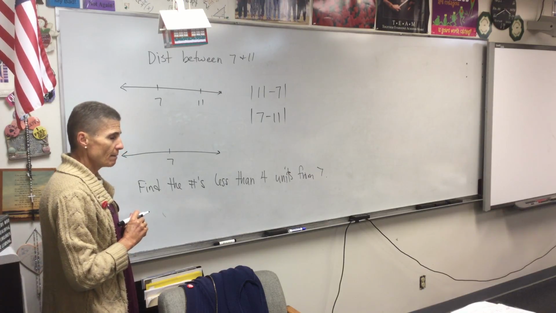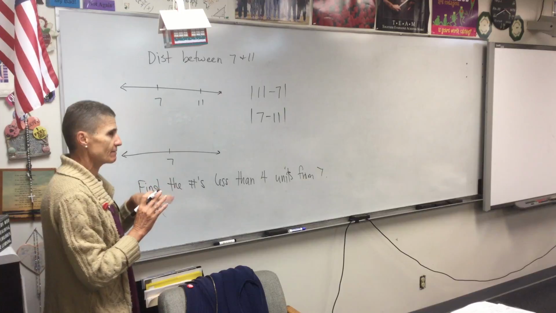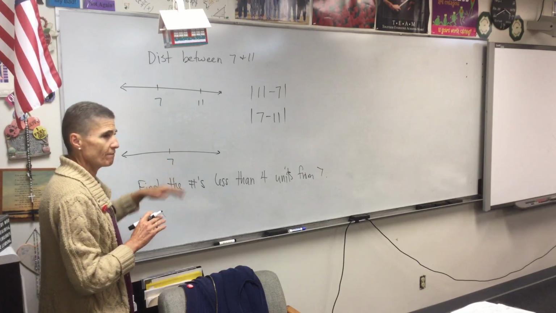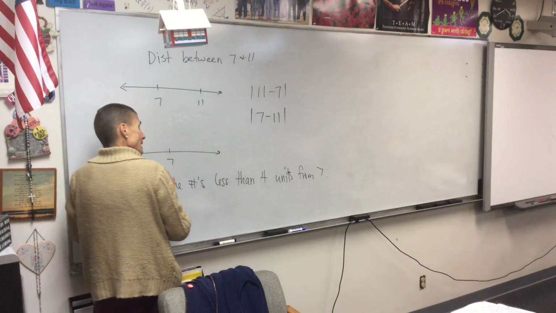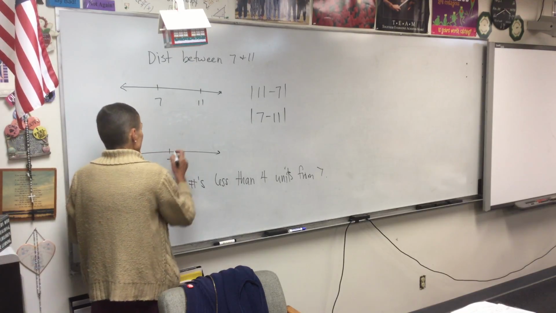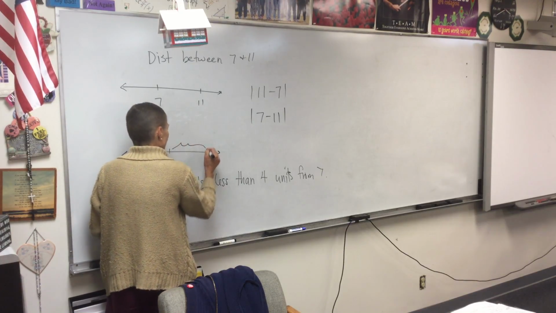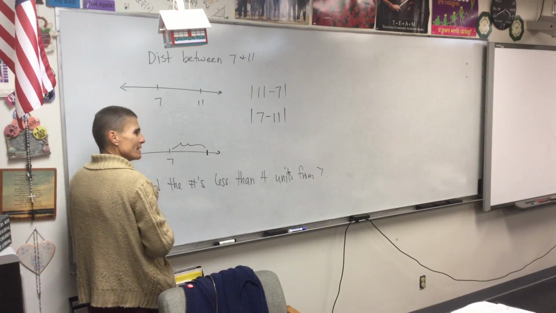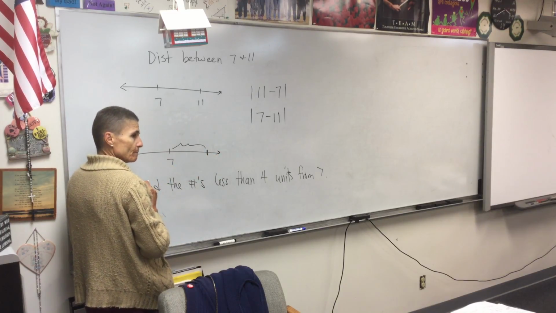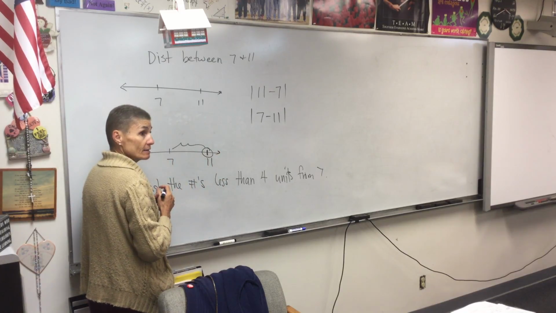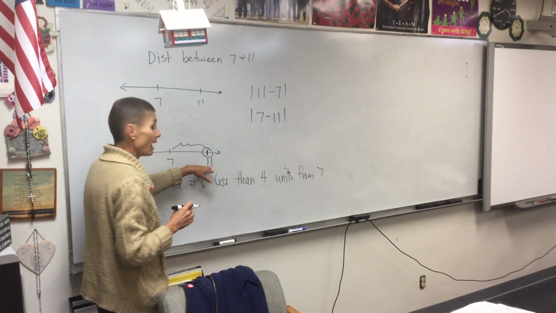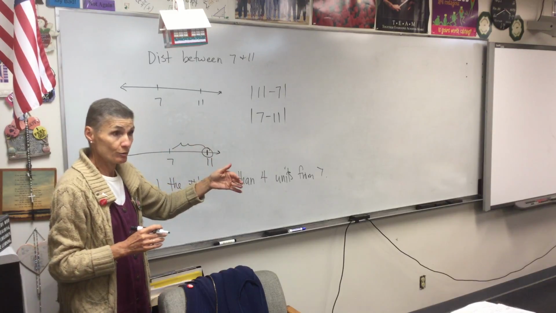We want all the numbers that are less than 4 units away from 7. So here's 7. We want to be less than 4 units away. So what would be the outermost boundary here? 11. And that would have to be an open dot, because 11 is exactly 4 units away, right?